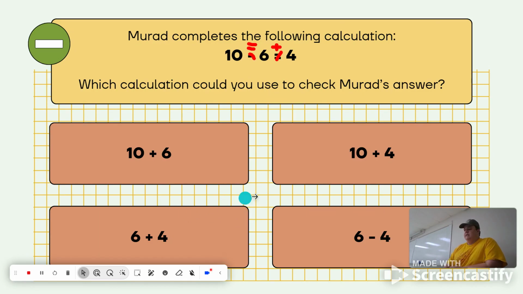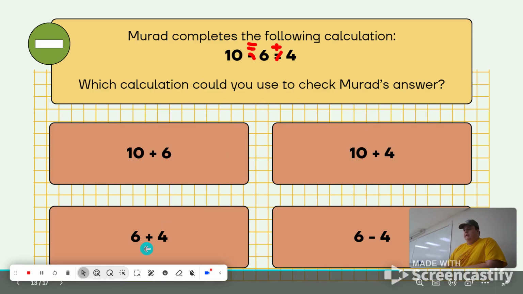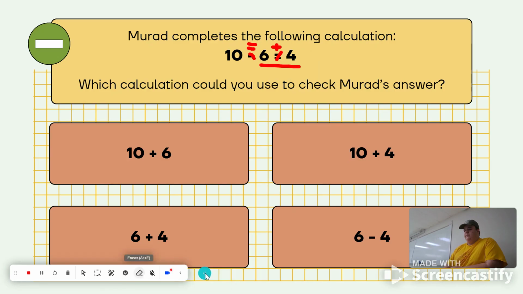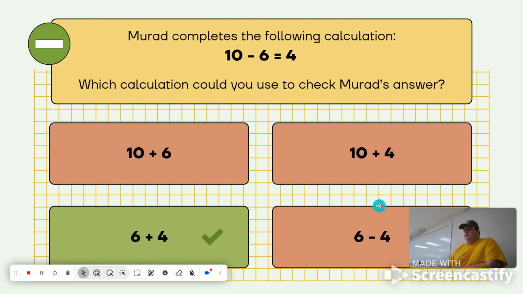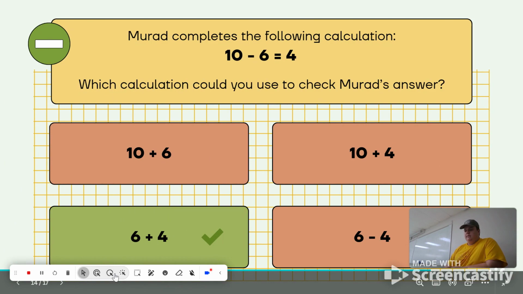Okay, so that tells me and the students that we're not adding 10 to 6 or 10 to 4 to check the answer. We're adding 6 plus 4 or 6 minus 4, as seen up here. Okay, and here's the answers. Oh, not 6 minus 4. You get the concept.